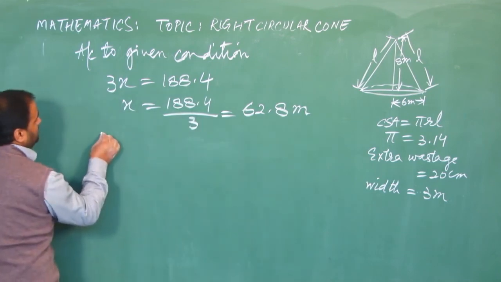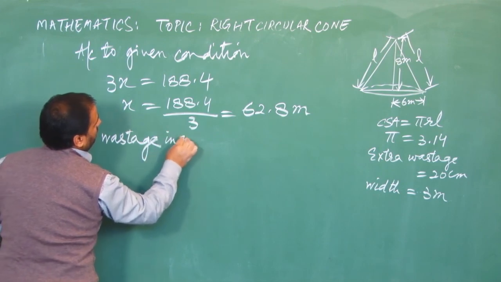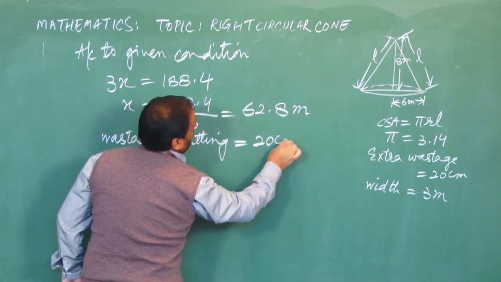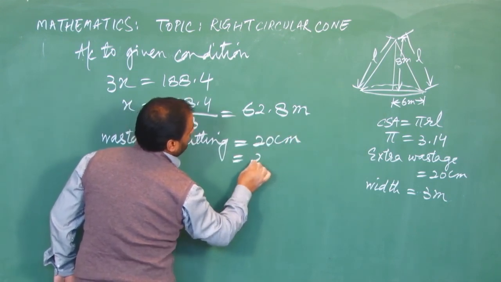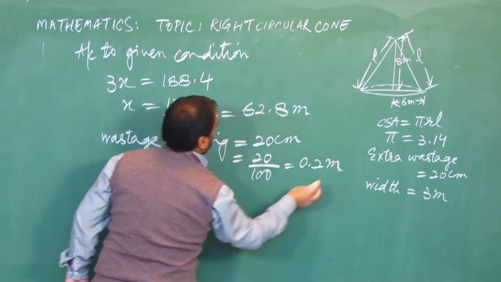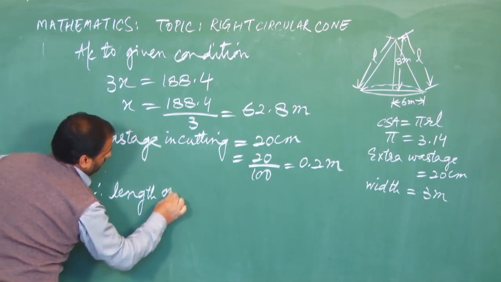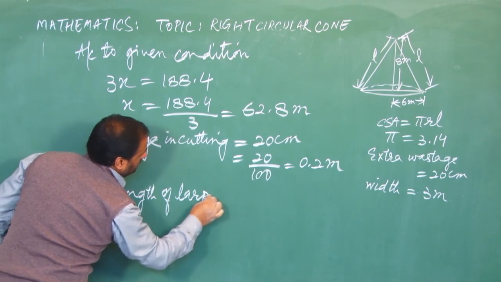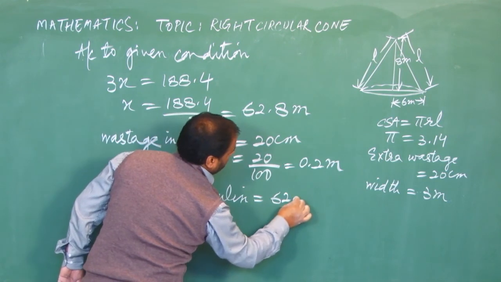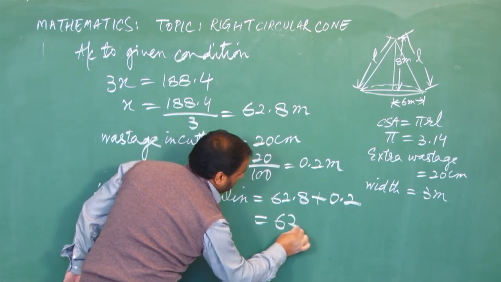So extra wastage in cutting is 20 centimeters. To convert it into meters, we divide it by 100. This is 0.2 meters. So therefore, the length of the tarpaulin that actually needs to be purchased is 62.8 plus the wastage 0.2, and it brings 63 meters.